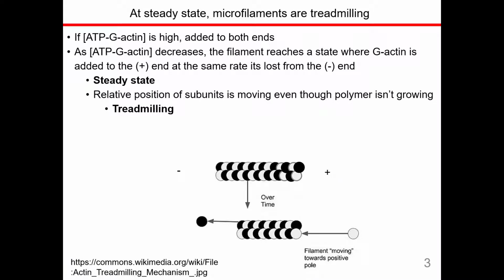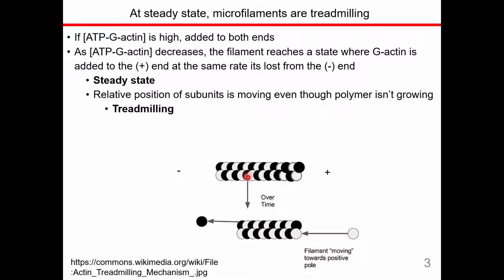What this means, though, is that the relative positions of subunits is going to be moving even though the polymer isn't growing. If you just look at this specific monomer, for example, as we are removing monomers from one end and adding monomers from the other end, this monomer that we are tracking is going to move relative to the ends of the filament.